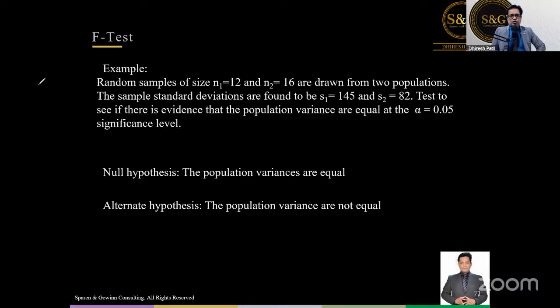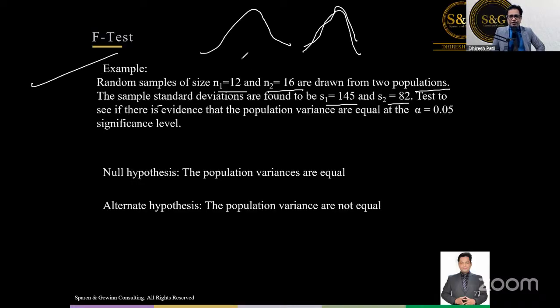Random samples of 12 and 16 are drawn from two populations. The sample standard deviations are found to be 145 and 82. These are the two distributions: the standard deviation is 145 in one and 82 in the other. The sample size is 12 here and 16 here.